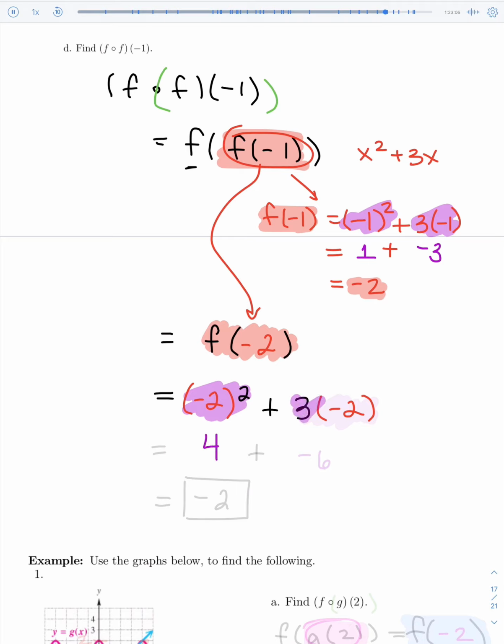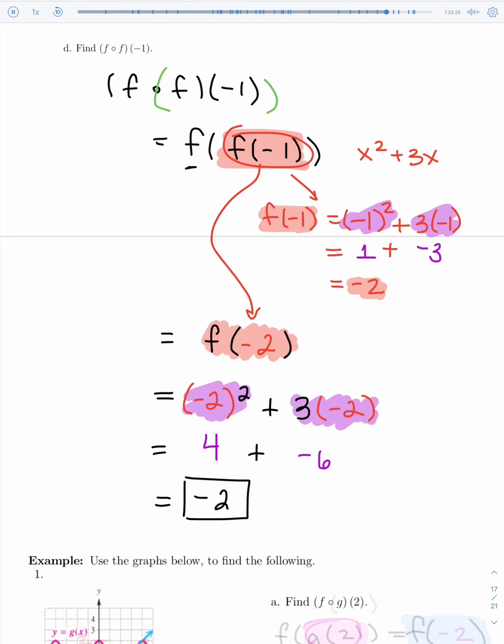And we'll also go after the 3 times -2, which is -6. We are adding, so a 4 plus a -6 is -2. So f of -1 gets us out a value of -2, and that's our final answer.